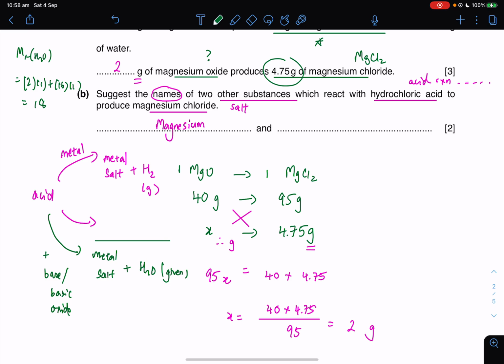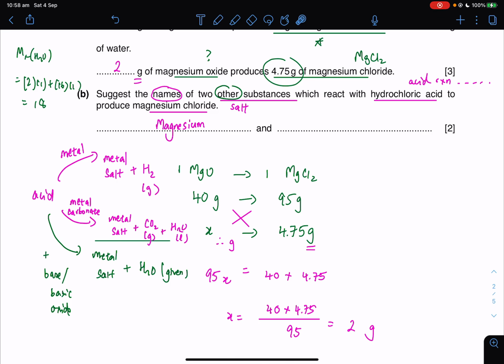They say other substances, so you cannot use the exact same thing again. I already identified acid plus metal. There's one more reaction in the acid topic. It's called metal carbonate. Acid reacts with metal carbonate. This is stated in your syllabus. They will give you metal salt, carbon dioxide gas, and water, liquid.